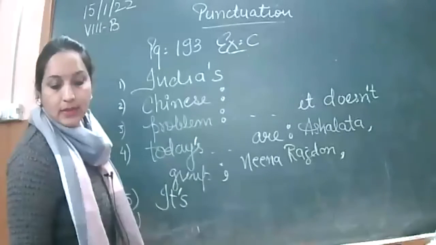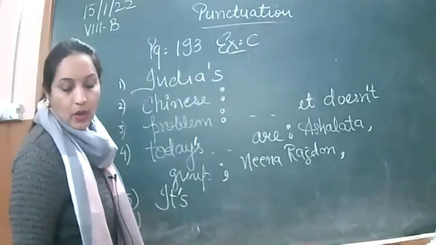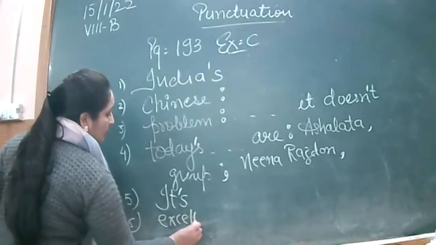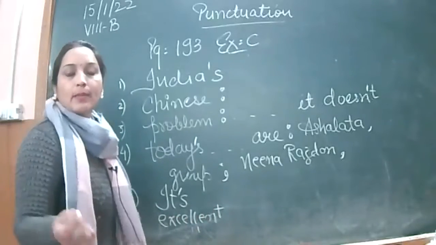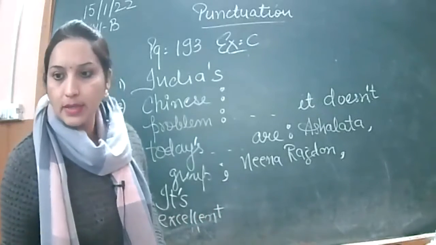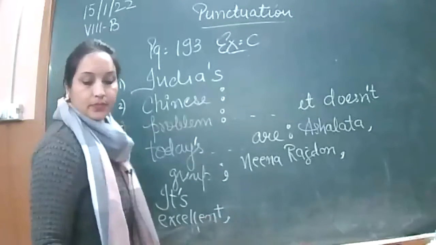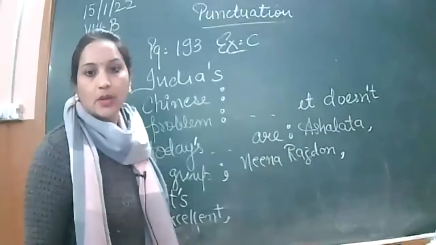In the new grading system, A's stand for excellent. After excellent, what is to be used? Tell me what to use after excellent. Yes, comma. B is for good and C is for average.